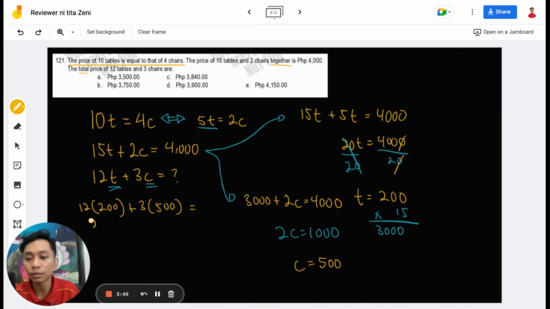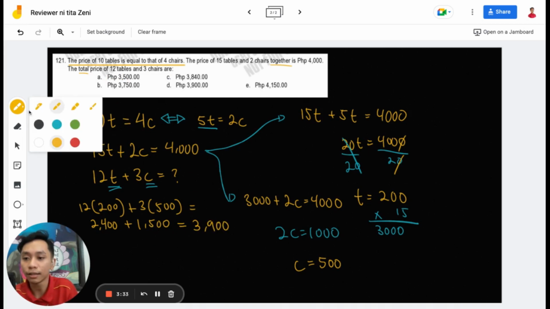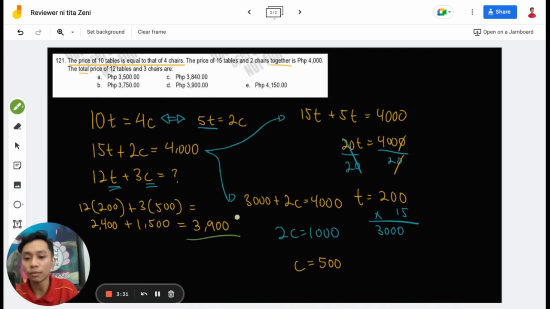Let me just do this here. 2,400 added by tatlong 500, which is of course 1,500. Yan ngayon yung total na presyo ng 12 tables and 3 chairs. That will give us 3,900 pesos. Yan yung magiging final answer natin, which means the correct answer is option D.